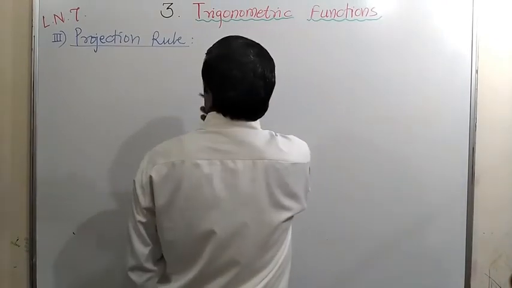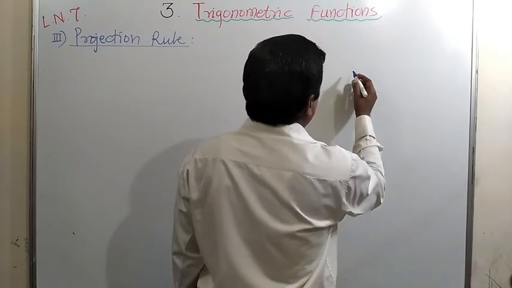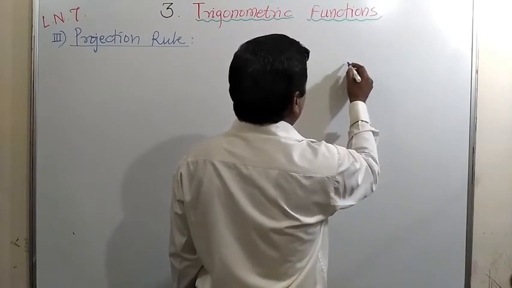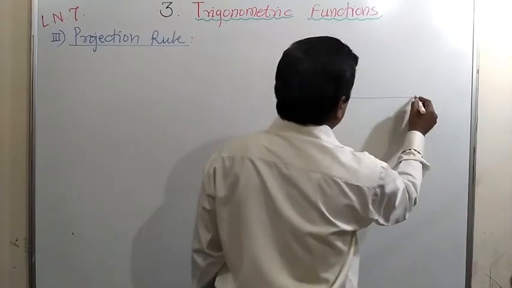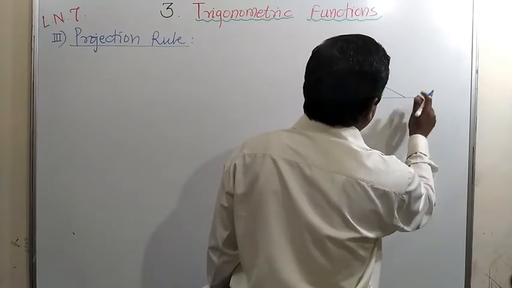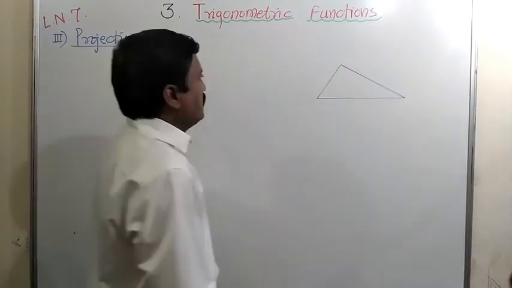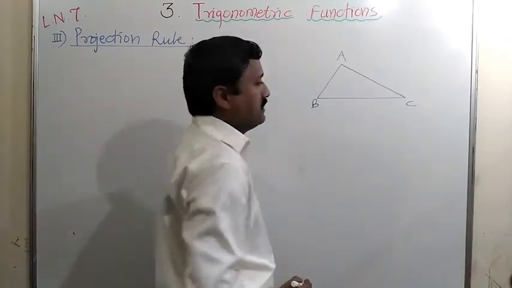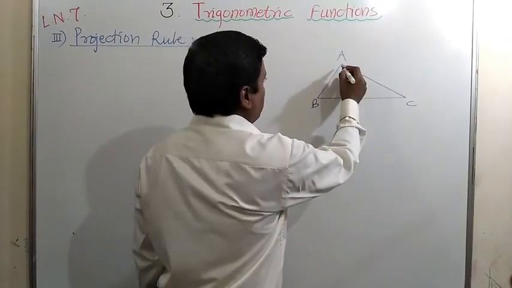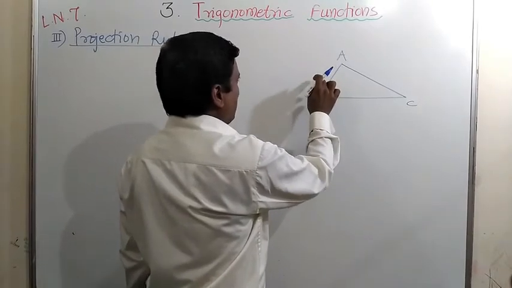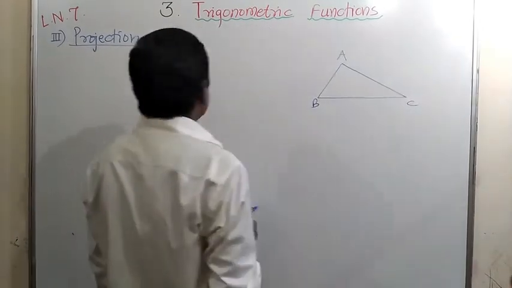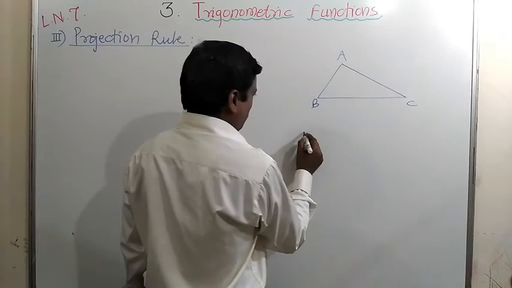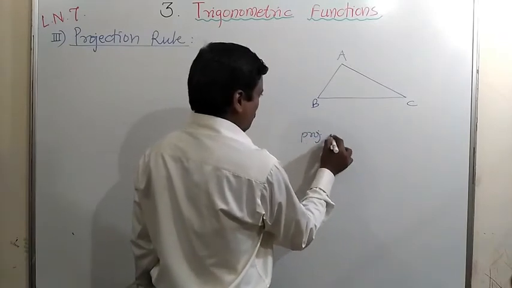Here we have three types of triangle. Suppose the triangle is an acute angle triangle like this. If ABC is a triangle, then what is the projection of side AB on side BC? That we must know.